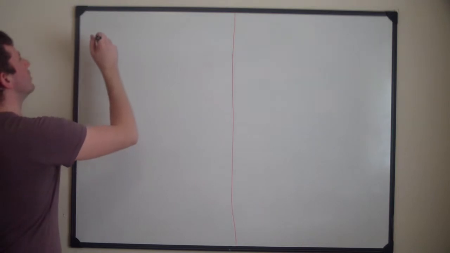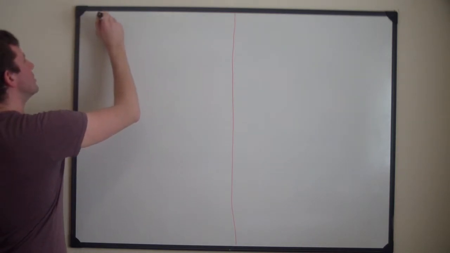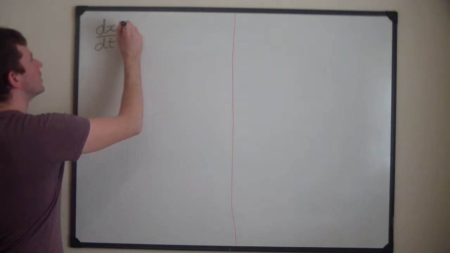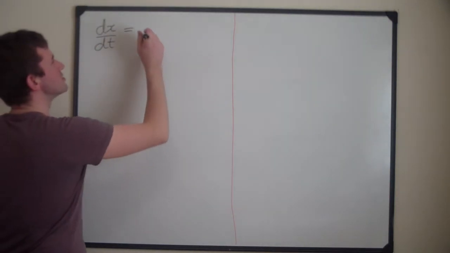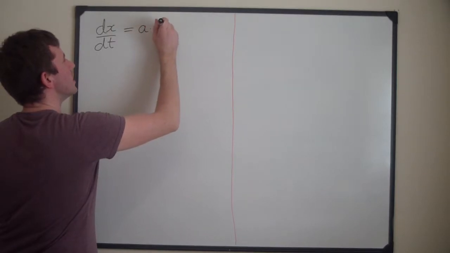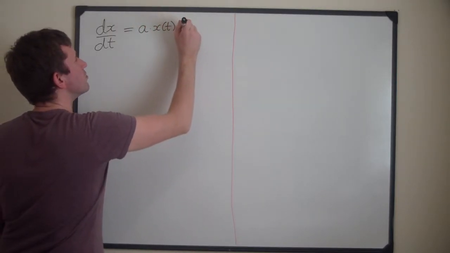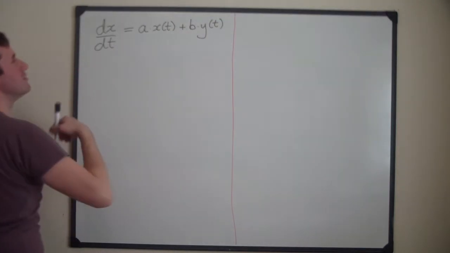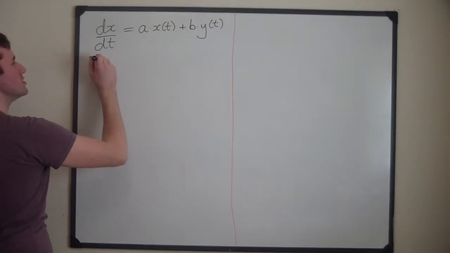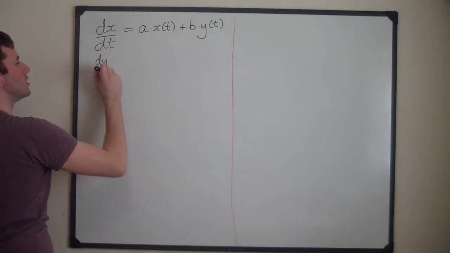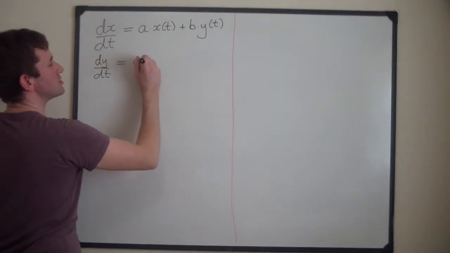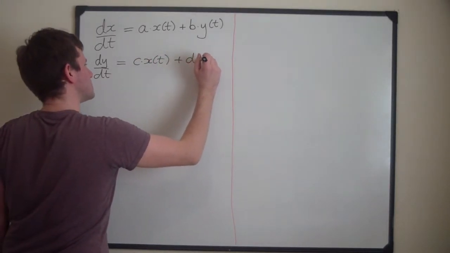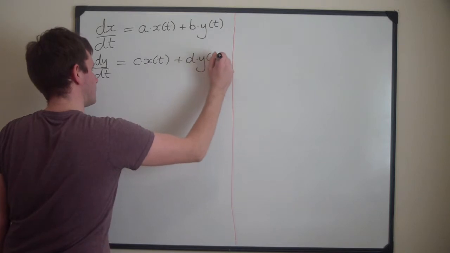So abstractly what we have is two differential equations, say dx/dt equal to some constant times x plus some constant times y, and we have a second differential equation, say dy/dt is equal to some other constant times x plus some other constant times y.